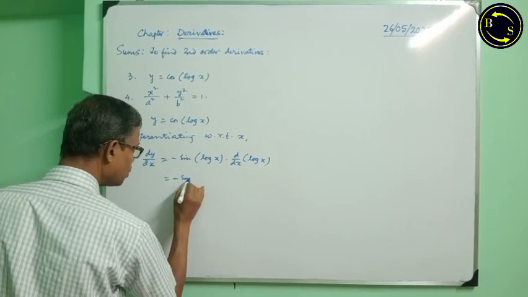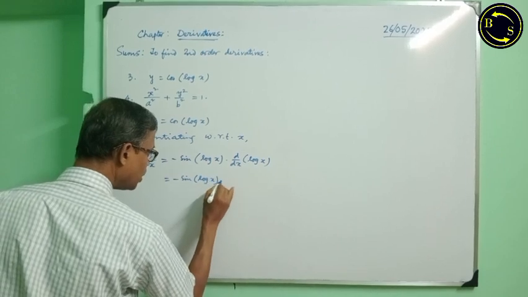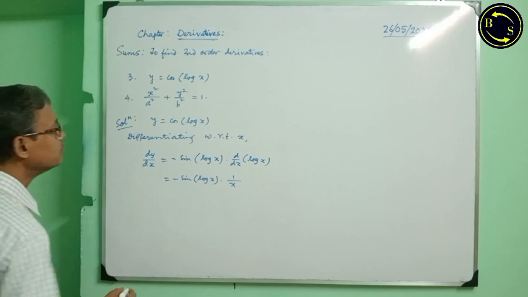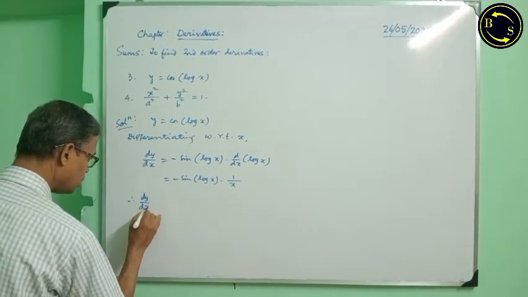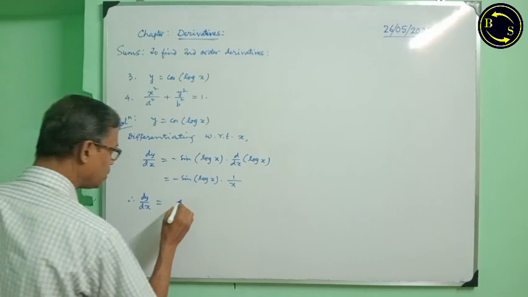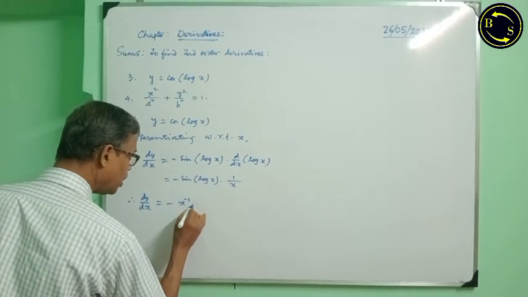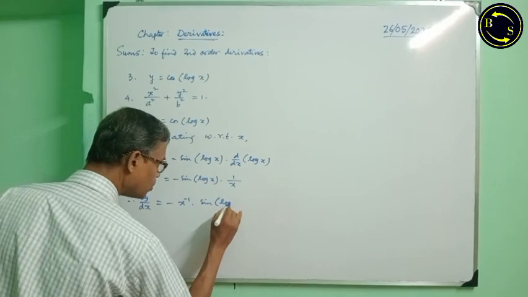Minus sin of log x into 1/x. Therefore, dy/dx is equal to minus x to the power minus 1 into sin of log x.